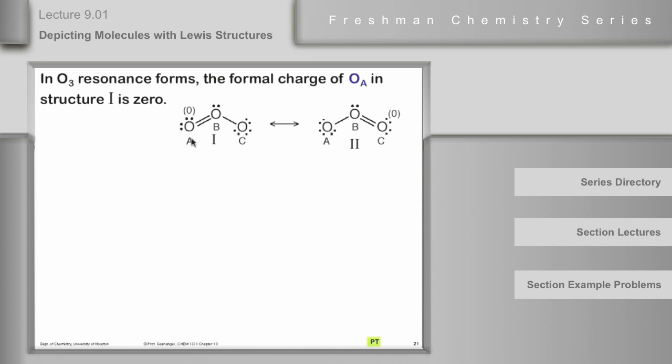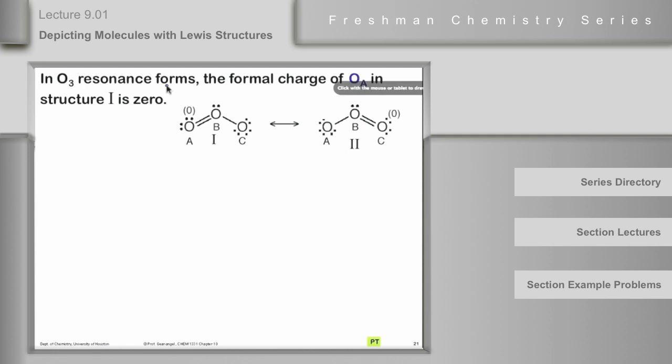Okay, I am going to go back to ozone for a minute. And I'm going to calculate for you the formal charges for the oxygen atoms on both of the resonance forms 1 and 2 here. Okay? First, I look at oxygen A here in structure 1.